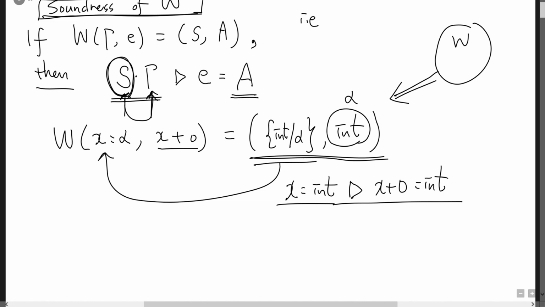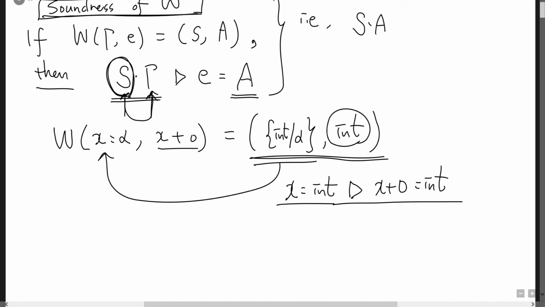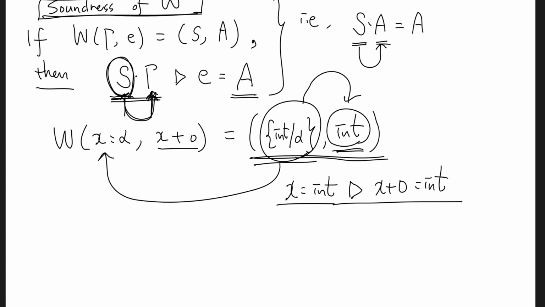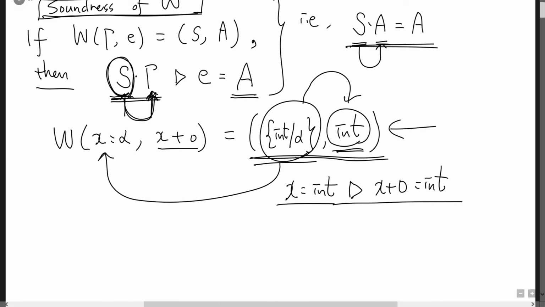That is, if this is the case, then S applied to A has no effect, because we have already applied the type substitution S to typing context gamma. So this is going to be equal to A. Like this one, there's no point in applying this substitution to the resultant type int because it has already been applied. So we see the equation holds in this example. So that's the first example.